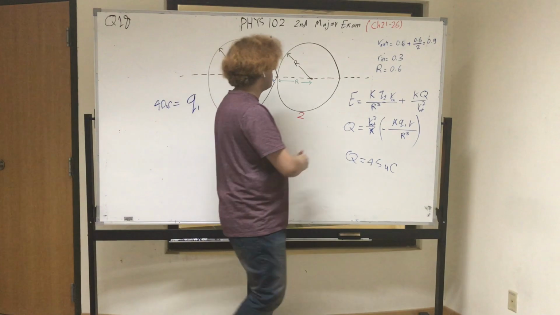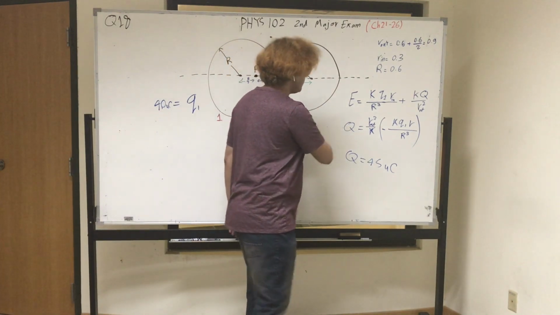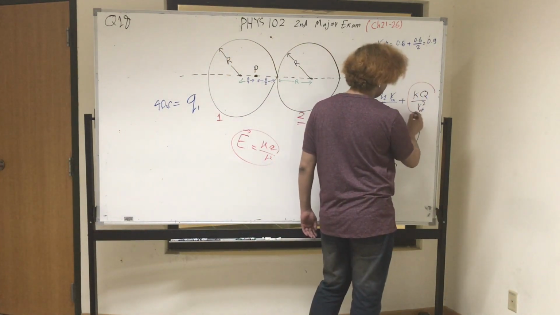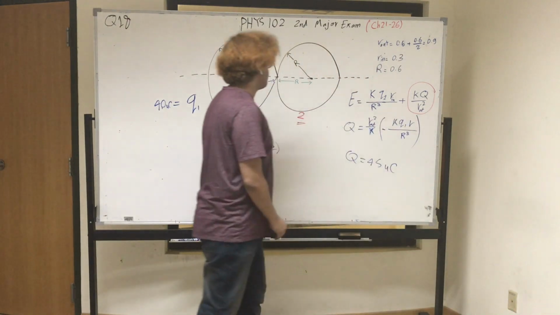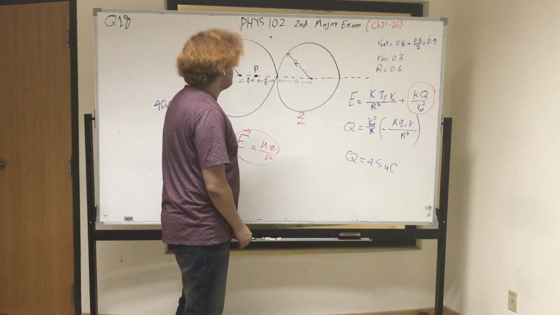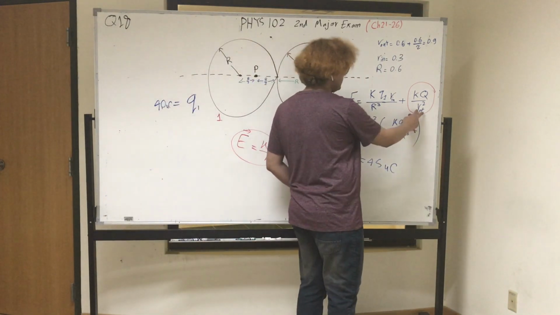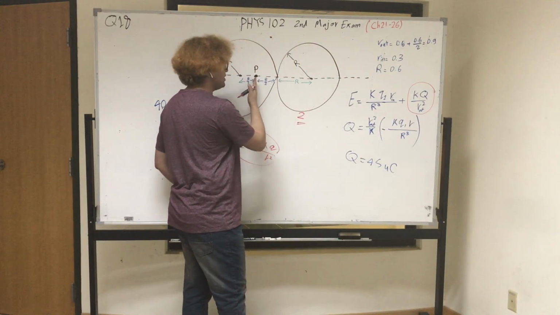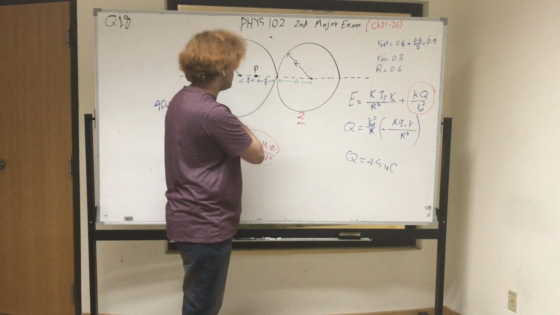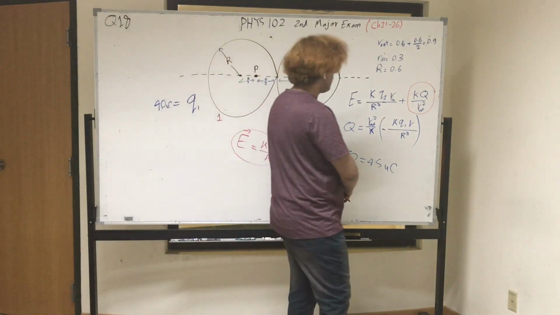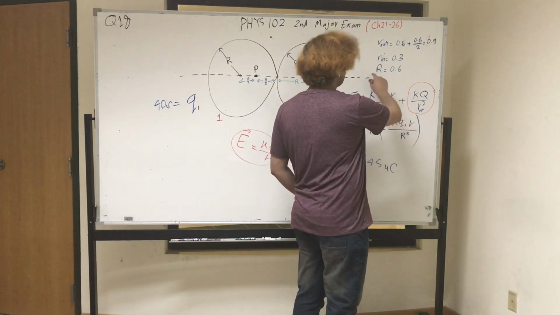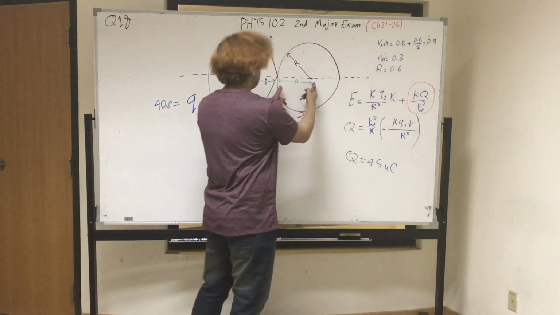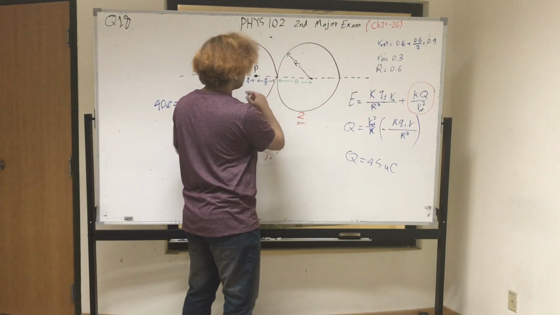So the electric field due to this sphere, sphere number 2, is given by this expression, where R is the distance between the center of the sphere and the point we're interested to find the electric field at. And in this case, it's equal to 0.6 plus 0.3, which is 0.9.